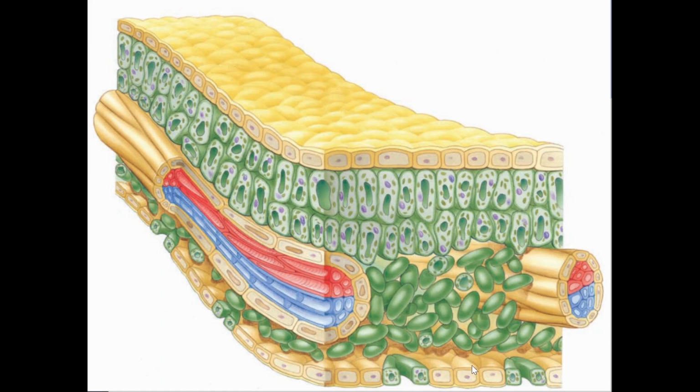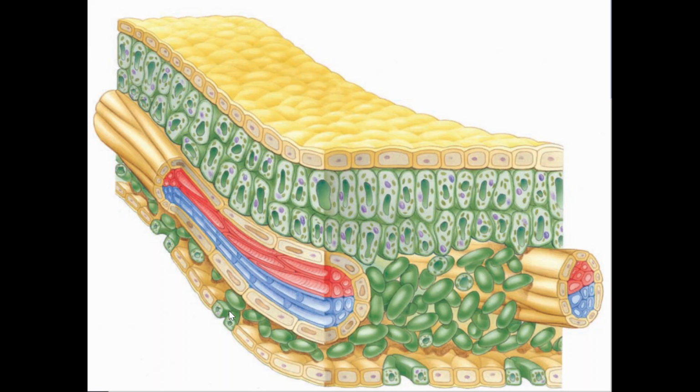And then lower epidermis, second layer. So this is an upper epidermis, this is a lower epidermis, and these stomata are located at the downside of the leaf, where there is less sun, so the water will not evaporate much, but still there is a gas exchange.